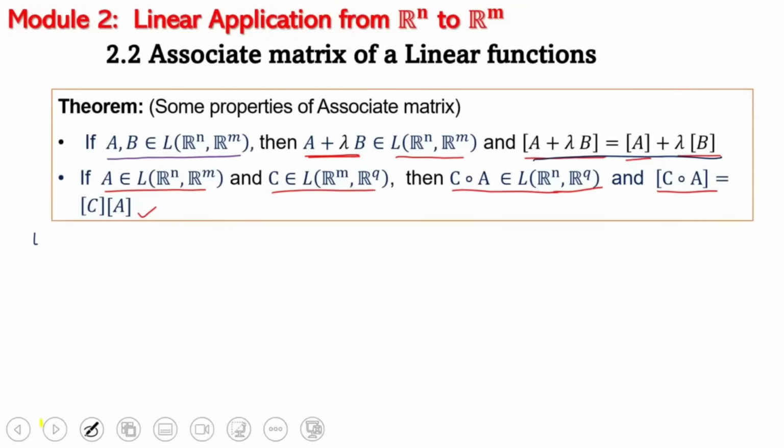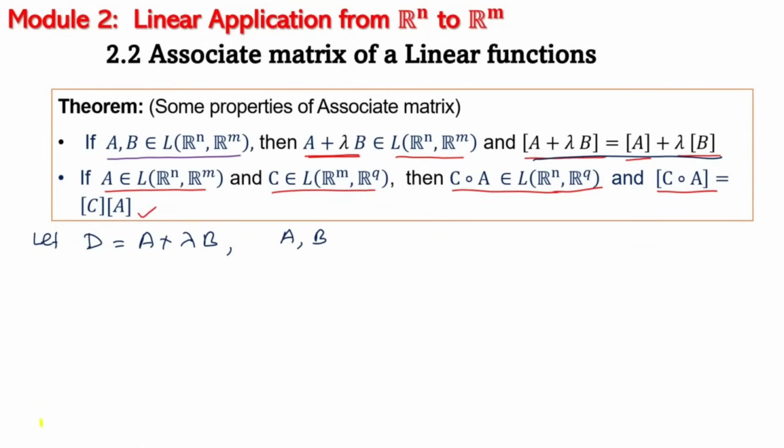Okay, so let D equal A plus lambda B, where A, B belong to L(Rn, Rm), X, Y belong to Rn, and lambda belongs to R.